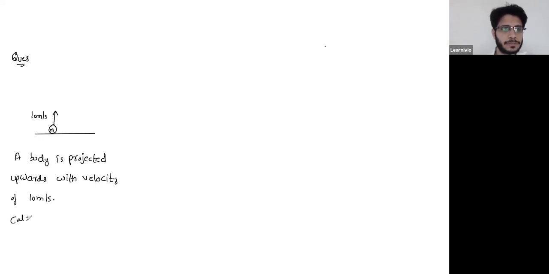Calculate, first part, velocity of the body at the highest point. Second, you're supposed to calculate time taken to reach highest point.